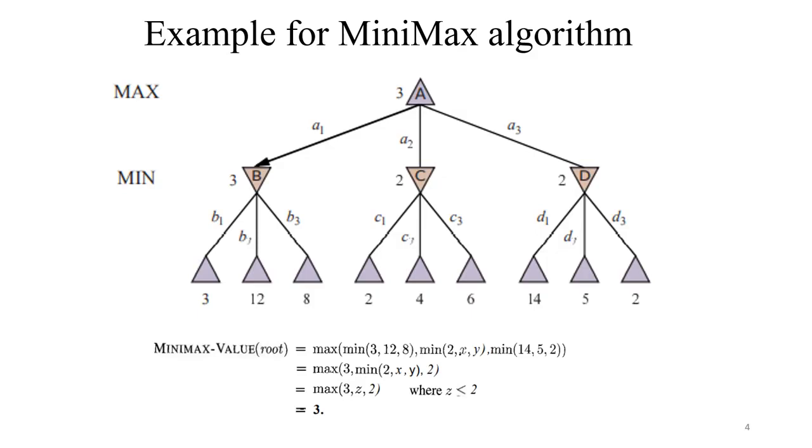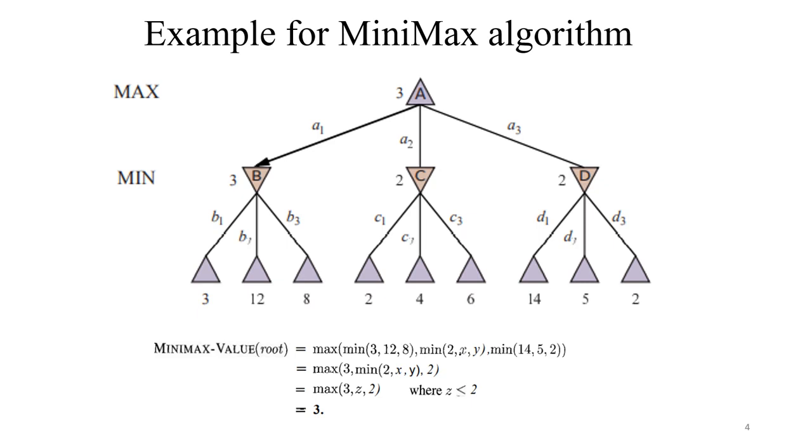In the same way, in another structure, we have 3 terminal values at C, C1, C2, C3. Always we are going to select the minimum value from 2, 4 and 6. That means if we select 2, no need to go for C2 and C3.